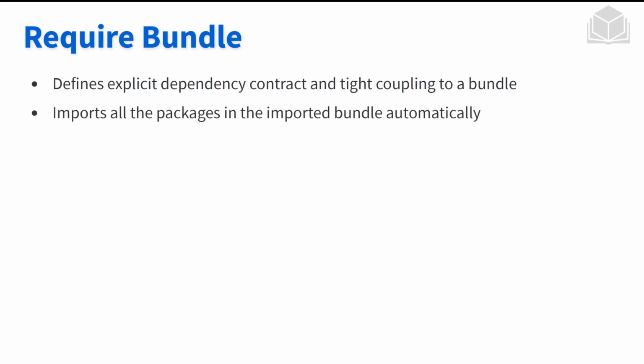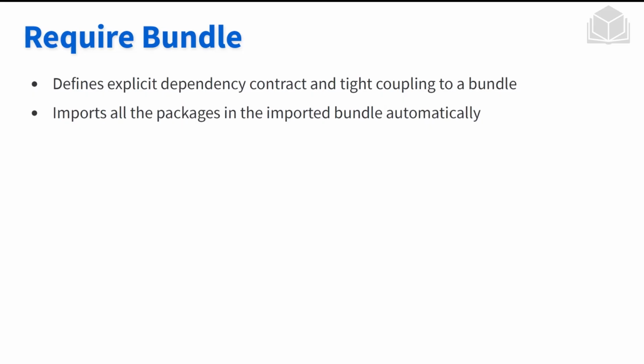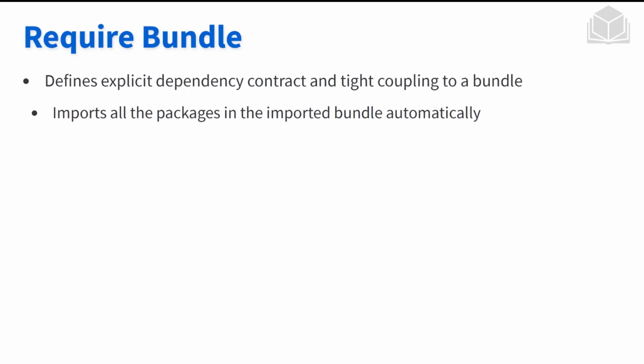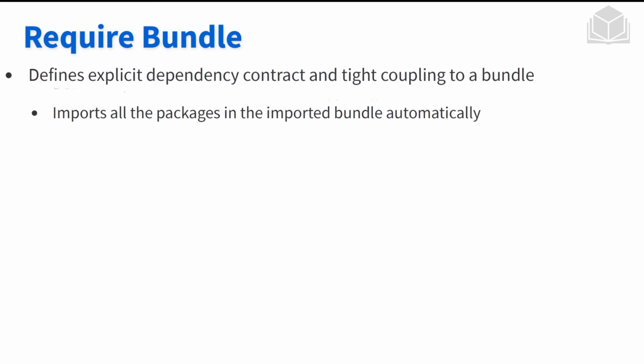Require bundle is typically something that we don't use too often, but it is an option that is given to us. It is quite literally saying, this is the bundle that I need. Typically, we discourage this, right? This creates a very tight coupling between one bundle and another. So if that bundle were to disappear, we would be in trouble. So again, we don't typically use require bundle, but it is an option that is given to us.